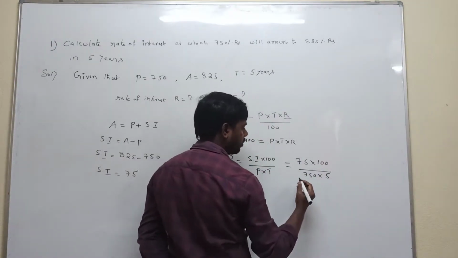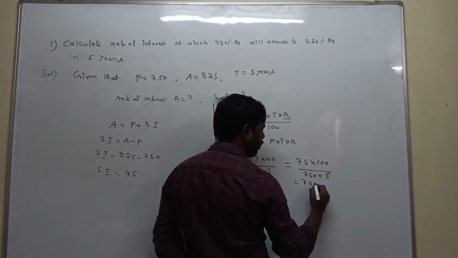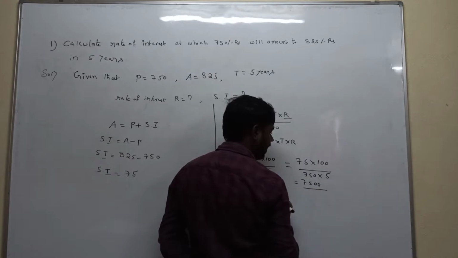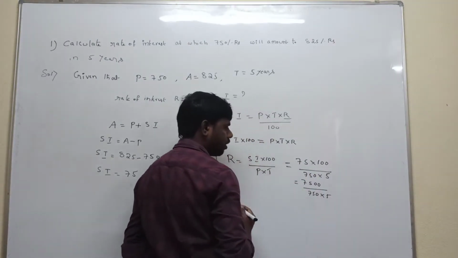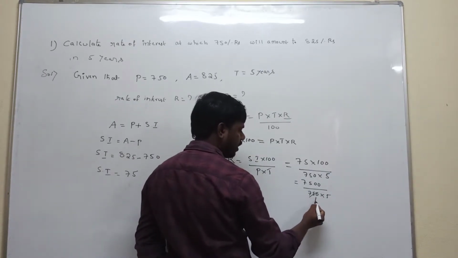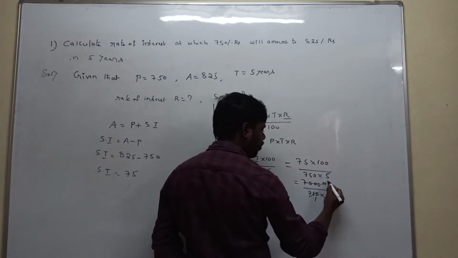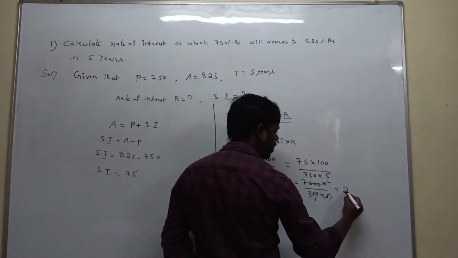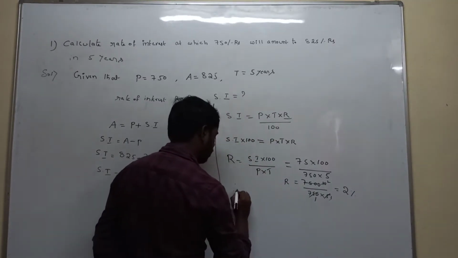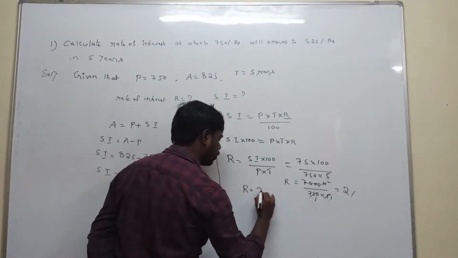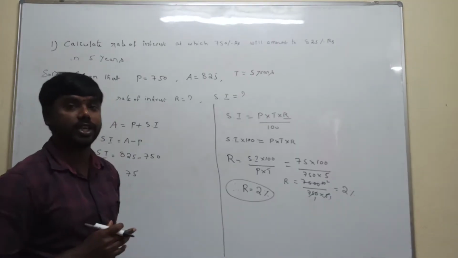Now the product: 75 into 100 is 7500, divided by 750 into 5. So 75 ones are 75, 75 tens are 750, 5 ones are 5, 5 twos are 10. So rate of interest capital R is equal to 2%. The required value, rate of interest R, is equal to 2%. This is the required solution.